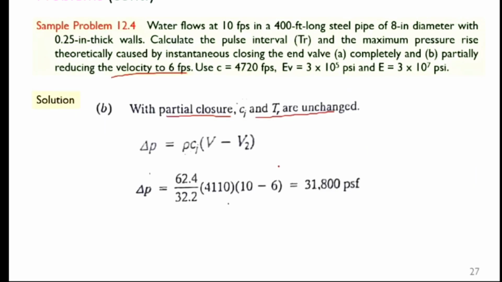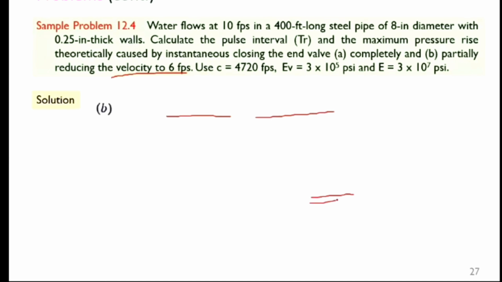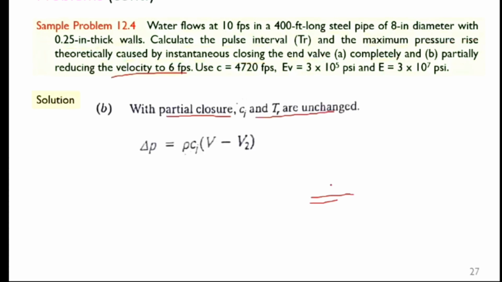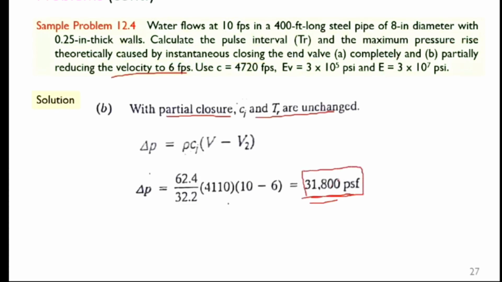Just put the value, and now in this case the pressure is this much. See what the pressure was in part A, 79,000, and now here it is around 32,000 pounds per square foot. So closing the valve slowly will keep the pressure less. This is what we studied earlier.